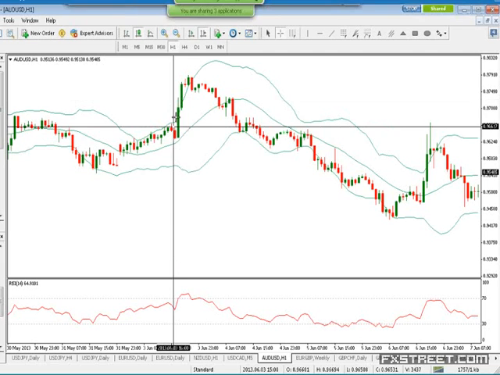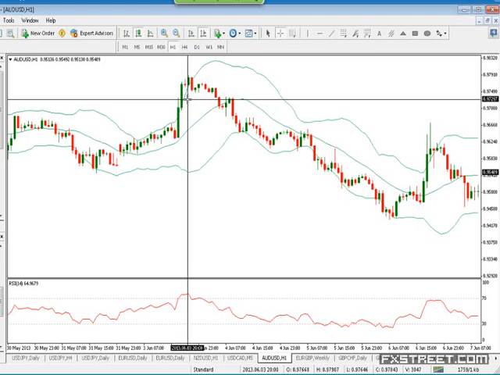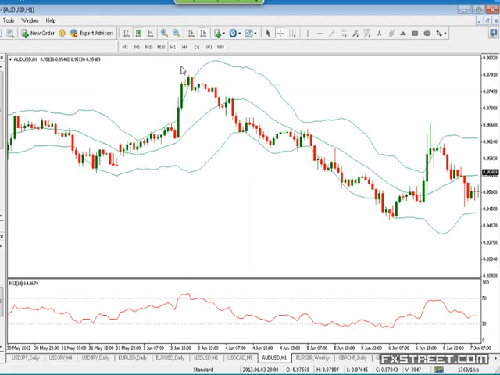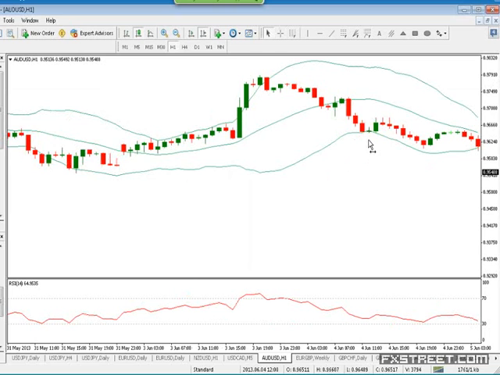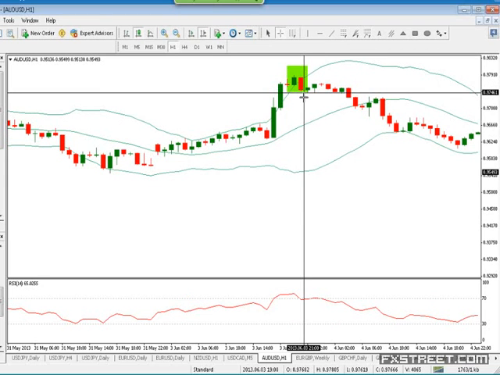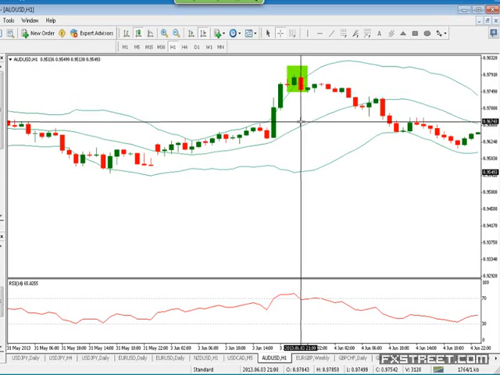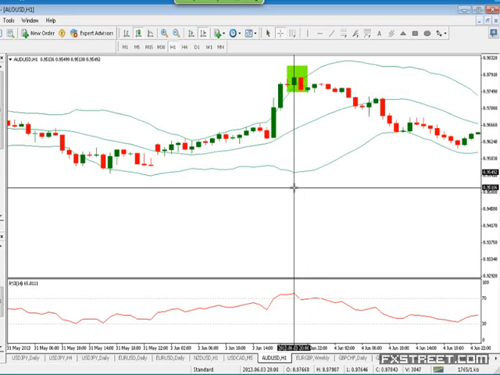When you have a particular characteristic, let's say in an uptrend, you have one bar closing outside the band. Let's zoom this a little more. I'm talking about these two bars. When you have one bar closing outside the band and the next bar closes inside the band, this two bar pattern on a Bollinger Band is a very strong indication of a reversal of trend.